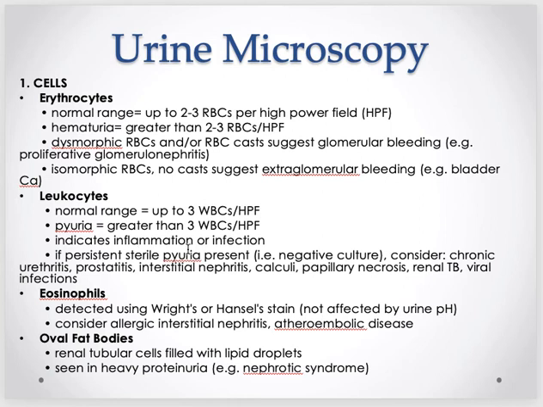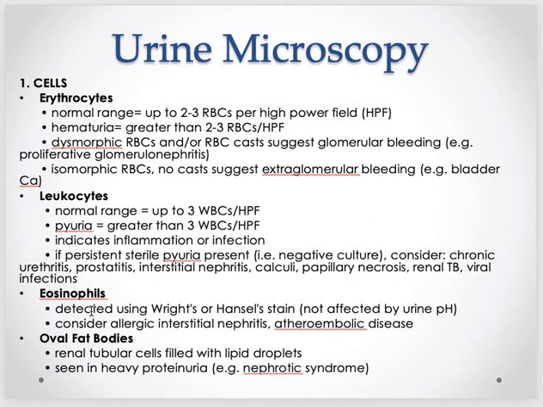It indicates inflammation and infection. Very straightforward. And if persistent sterile pyuria is present, for example there are WBCs but you cannot culture any bacteria, then consider chronic urethritis, prostatitis, interstitial nephritis, calculi, and other things.